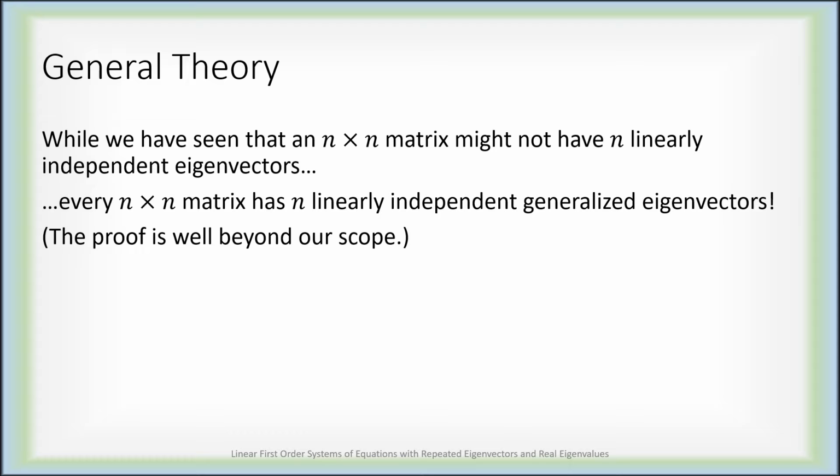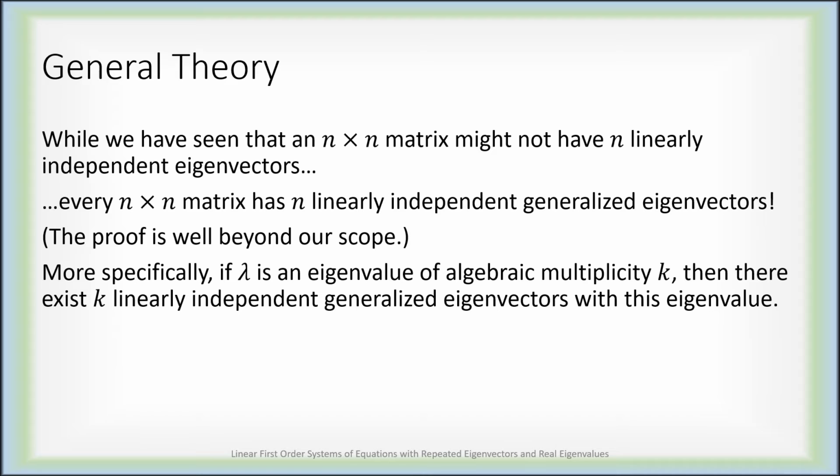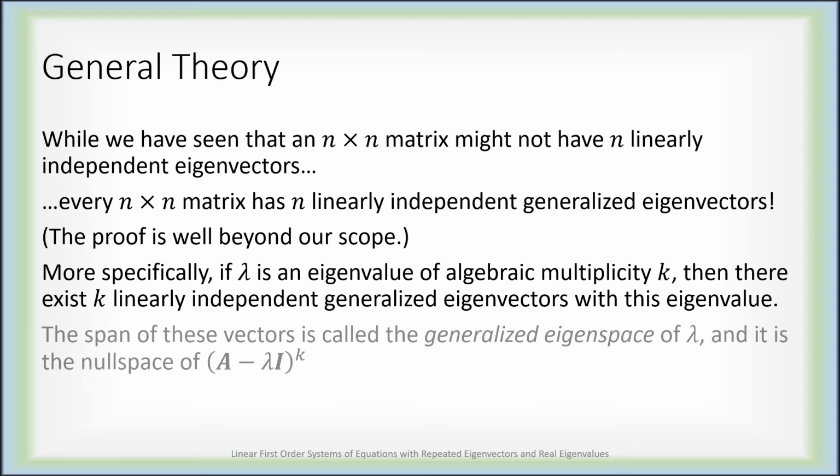In other words, it has a basis of generalized eigenvectors. So if lambda is an eigenvalue of algebraic multiplicity k, there must exist k linearly independent generalized eigenvectors associated to that eigenvalue. Now the span of those vectors is called the generalized eigenspace of lambda, and it is the null space of (A minus lambda I) to the k, where k is the algebraic multiplicity of the eigenvalue lambda.